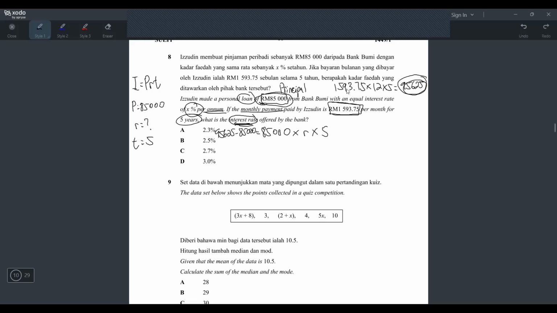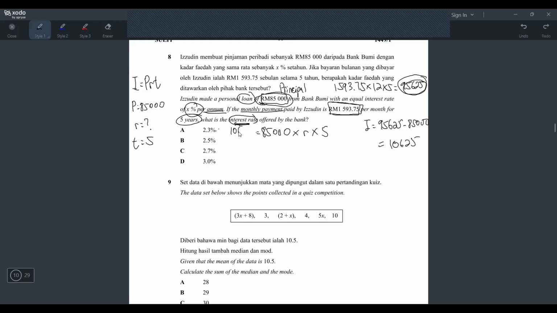That's why it costs this much. So if I want to get the interest, I will take 95625 minus 85,000. So let's minus and see what I get. My calculator gives me 10625, and the 10625, that's the interest. That is the faedah. That is why here I have to write 10625.